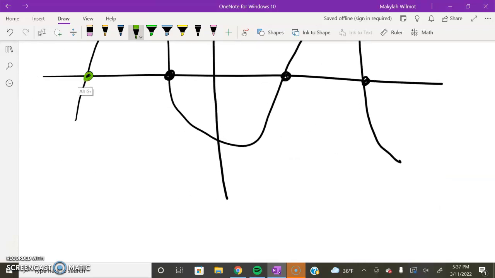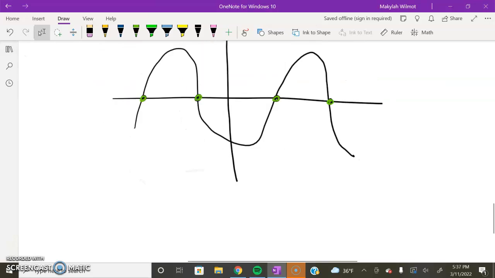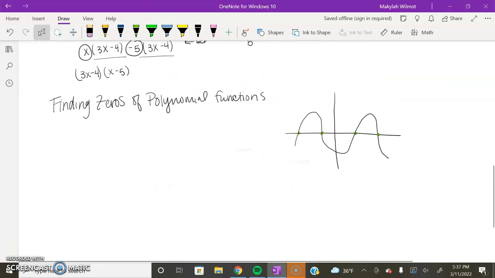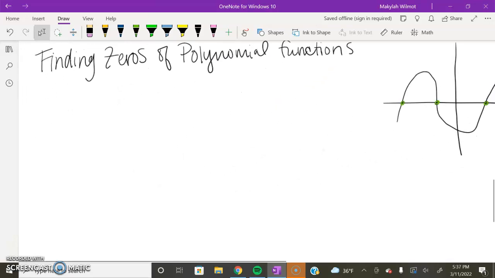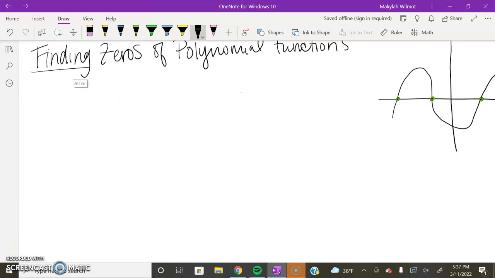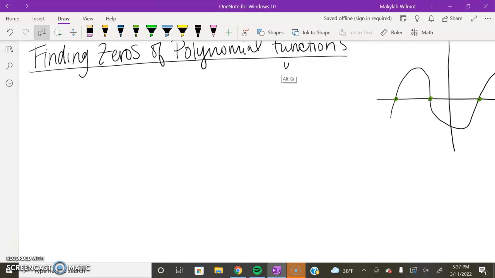So here, here, here, and here. Well, here's the thing. Those are only going to be the real numbers, which I'll get into. So where y equals 0, that is a zero of the polynomial function.